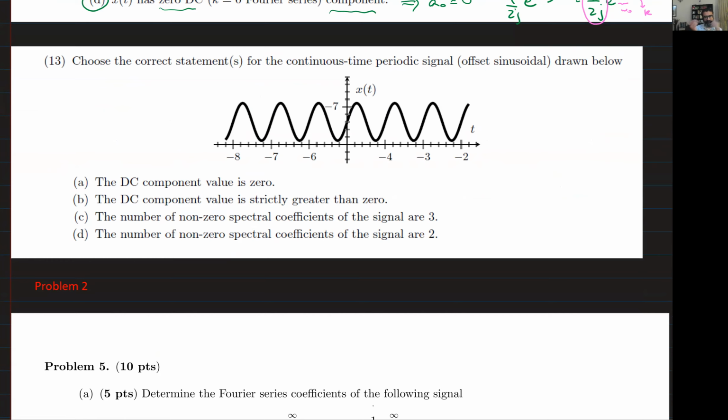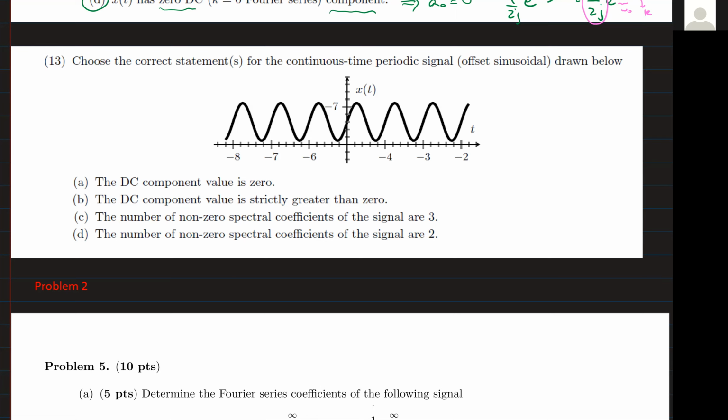So this is a sine, right? It appears to be a sine. The important thing to note is that its average value would be 0, right? Or not? No, in this case it should not be, because it's all positive. It's shifted on the y-axis.